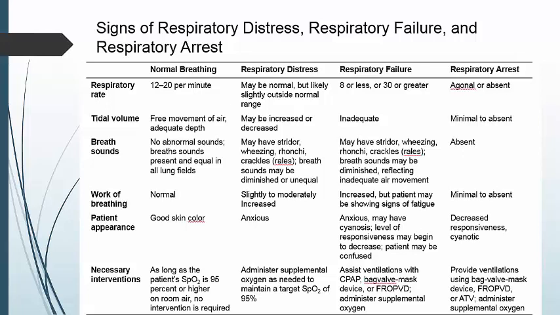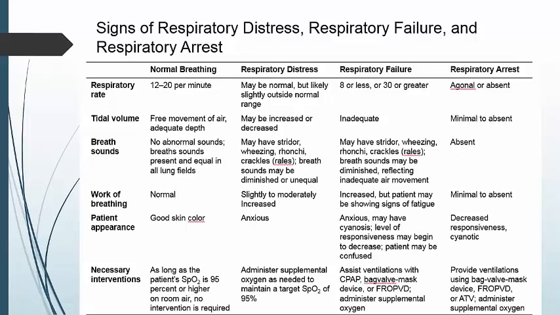For distress, you may have all kinds of funky noises. We call those adventitious. So anything adventitious just means abnormal breath sound. For failure, ditto. You may have any number of different adventitious sounds. And then for respiratory arrest, they're not breathing, so we have absent breath sounds.